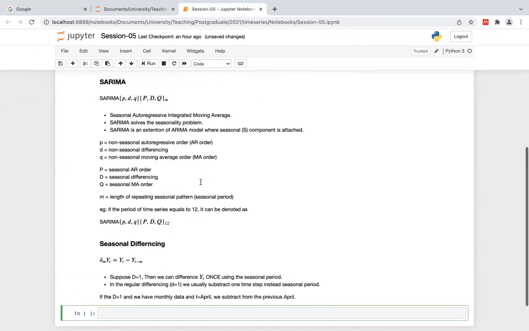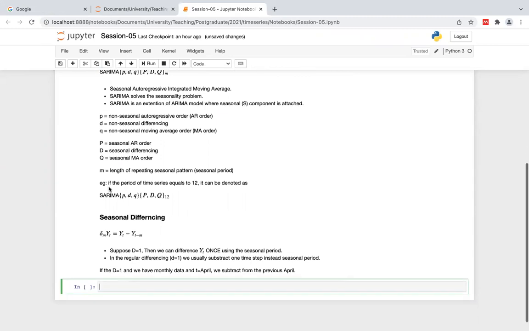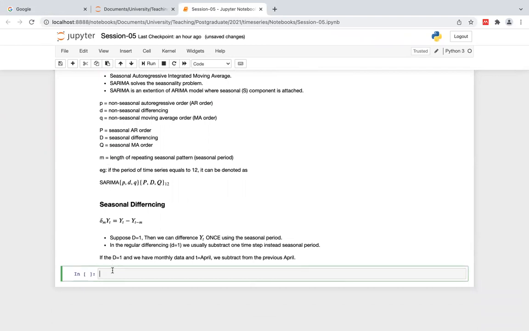Then there are two more components, right? The seasonal AR model and the seasonal MA model. We discussed D, seasonal differencing, and we discussed simple M. So what happens with the seasonal AR and seasonal MA model?